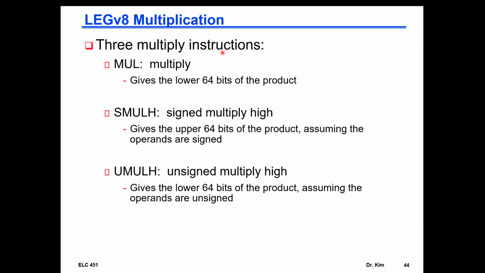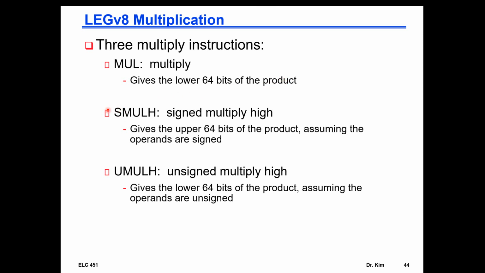We have three multiply instructions. We have the MUL, and that gives the lower 64 bits of the product. Okay, that's what it yields.